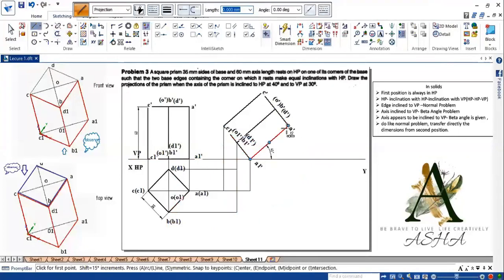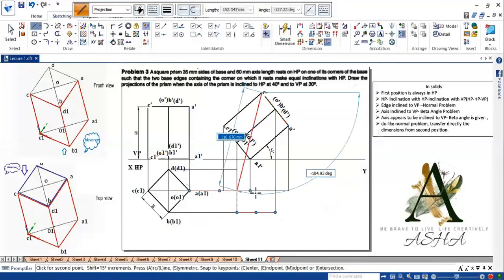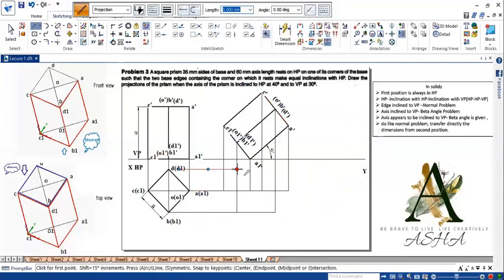Similarly, you extend A dash with A, that is point A, B dash with B, that is point B, C dash with C, and D dash with D. Now name it.